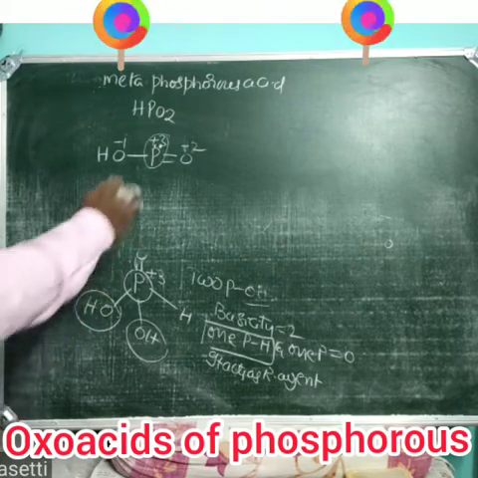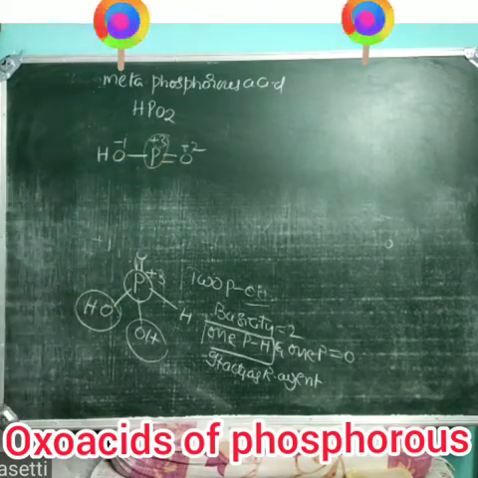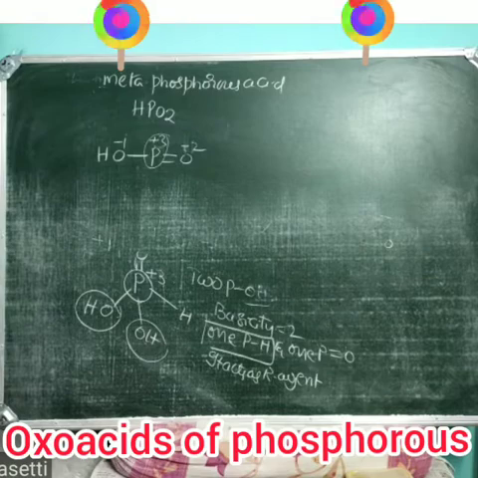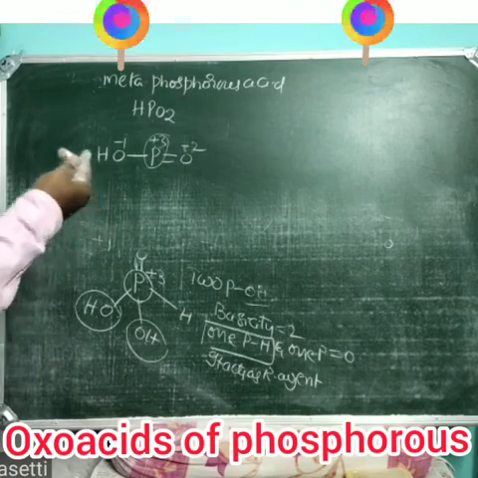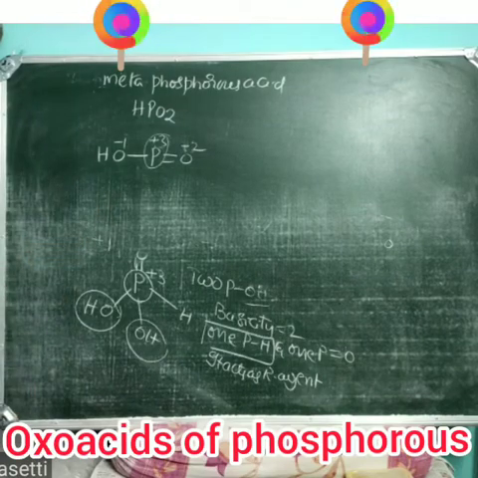Sorry, in this case phosphorus is not sp3. Let us see, it is present in 2 sigma bonds, so I think it is sp2. Of course, it does not exist as a monomer, it exists as a polymer. That's why the hybridization will change, and that's why here we are not considering the hybridization of metaphosphorus acid.